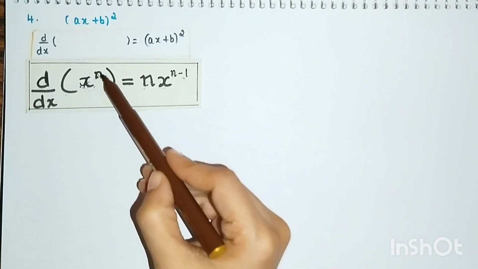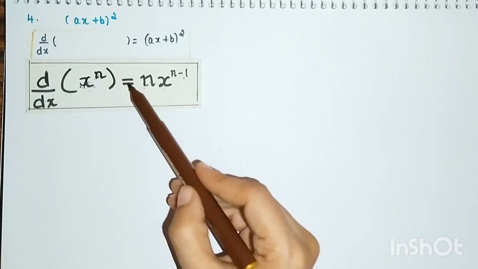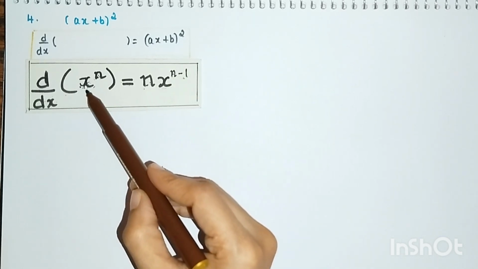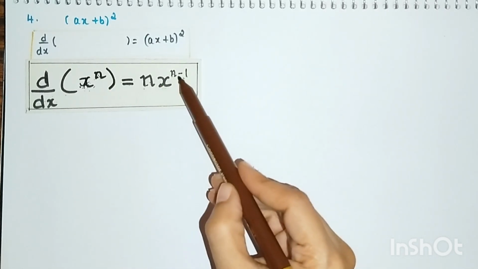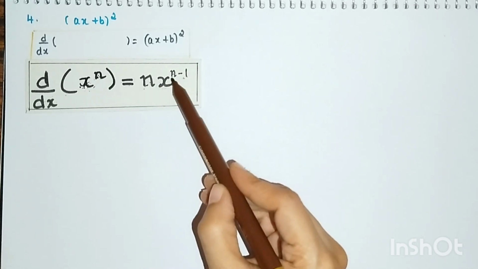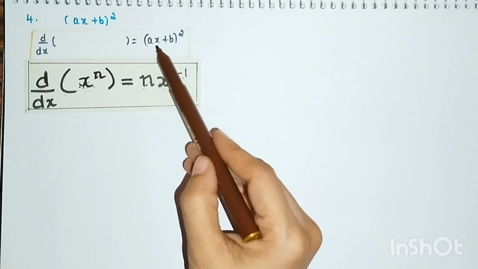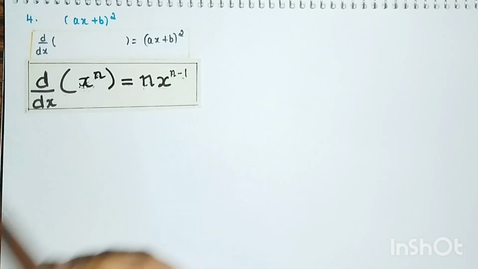See, d by dx of x power n, where n is some integer, is equal to n into x power n minus 1. So when you have x here, here also you will get x. Base is the same. So here we have ax plus b as the base. That means here also we have to write ax plus b as the base.